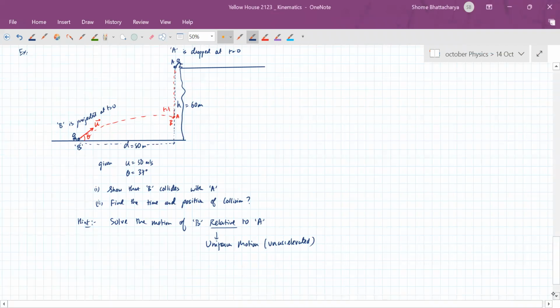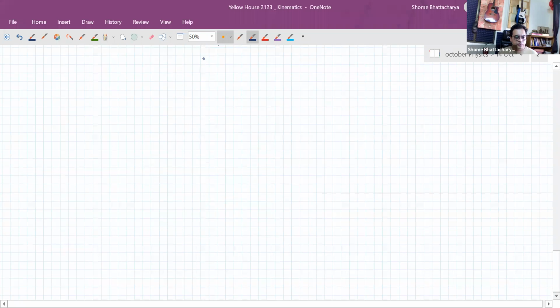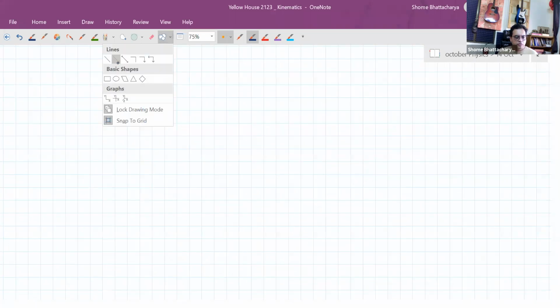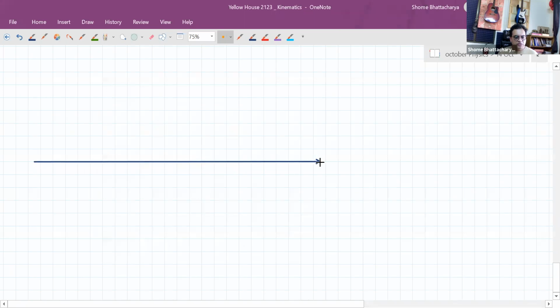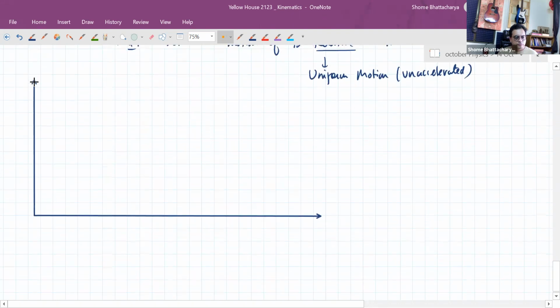One minute. Let's start by understanding that if we use a common reference frame like this, in this reference frame at some position like this, B has been projected like this at t equal to 0, and simultaneously A has been dropped at t equal to 0.